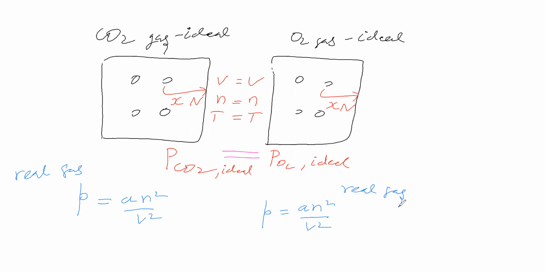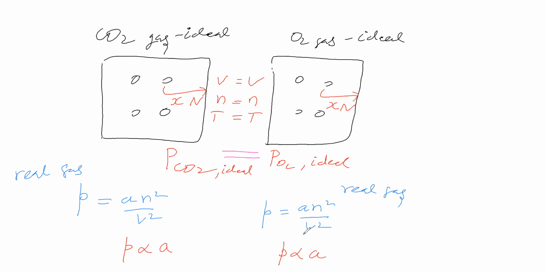Now see, here the number of moles remains the same and the volume remains the same. Then we can say pressure correction is directly proportional to A. Why do we say this? Because n square by v square is constant in both cases.